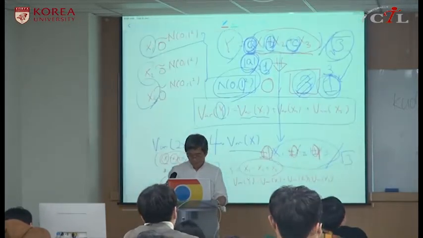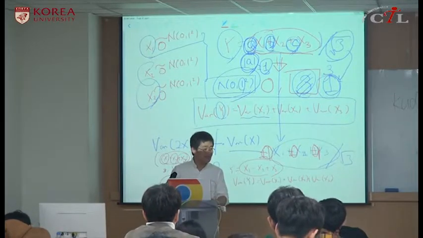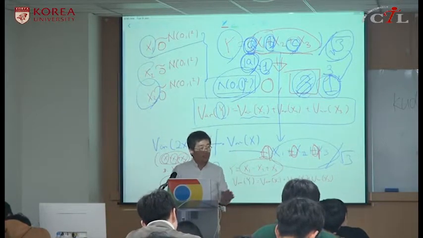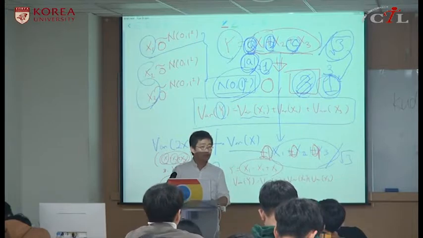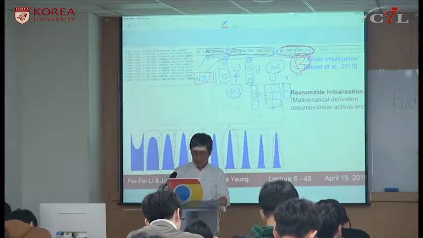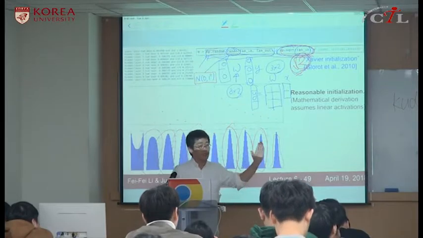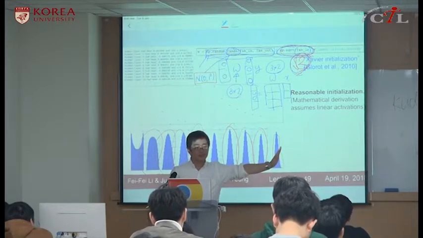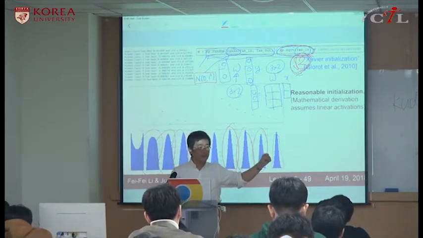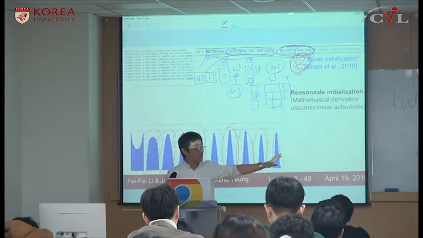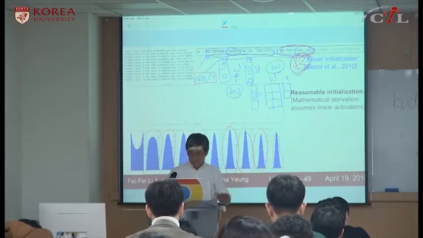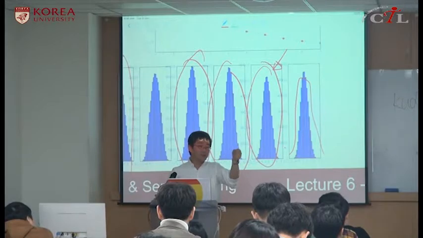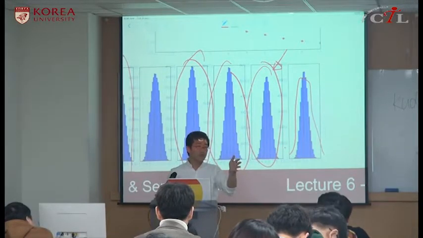But why do we use that in the He initialization? Once we do this kind of random initialization and then the linear combinations, the distribution will look like this, right? And it will roughly have zero mean, right? So half of them will have negative values and half of them will have roughly positive values. But once we pass it through the ReLU units, the negative part will become completely zero, right? So suppose this one is the distribution of a particular node in an intermediate or hidden layer.